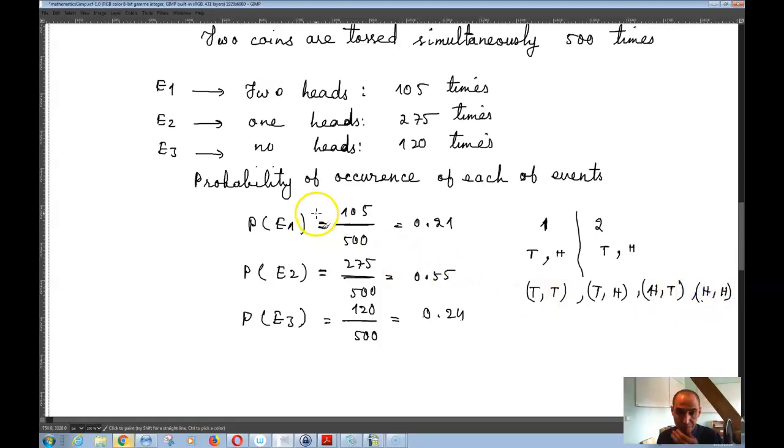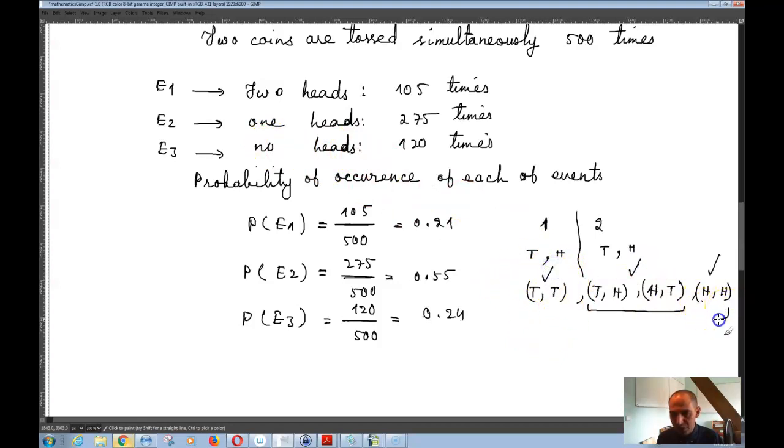So now the event of 2 heads happening would be all of such events. 1 head happening would be all of these 2 put together. And no head happening would be this one, because there is no head here.